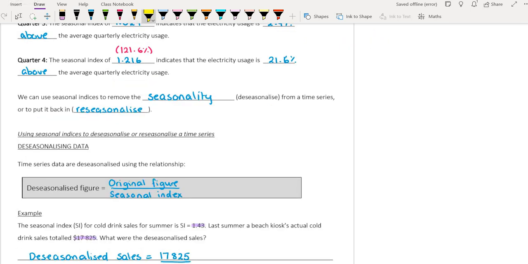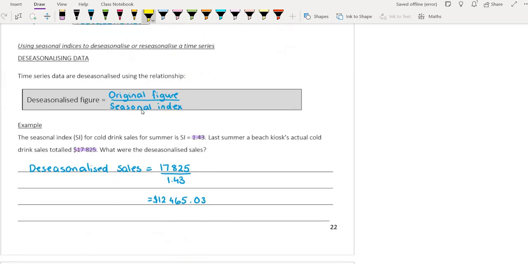And another reason why we care about this is that we can use seasonality to deseasonalize data. So we're removing the seasonality in our data. And the way to do it is to follow this formula.